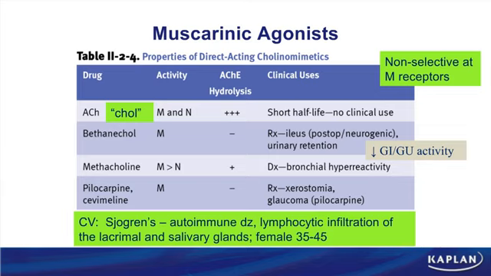If you had to describe a patient with Sjogren's syndrome with one word, I would have to say that word would be dry. They've got dry eyes, they've got dry mouth. Because it's common in women, vaginal dryness is another part of that scenario. We want to give them a muscarinic agonist to increase fluid production.